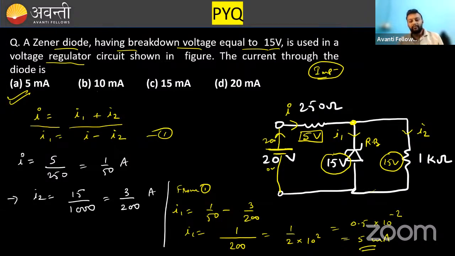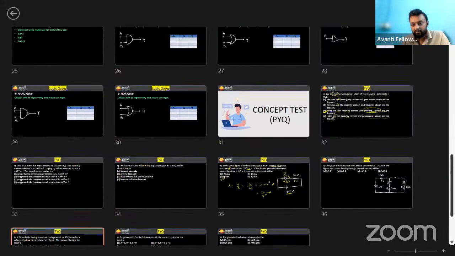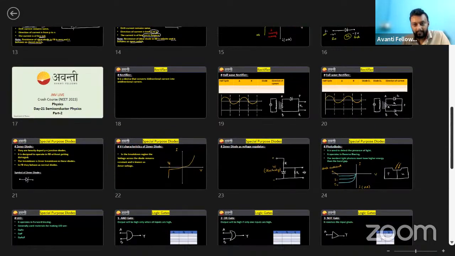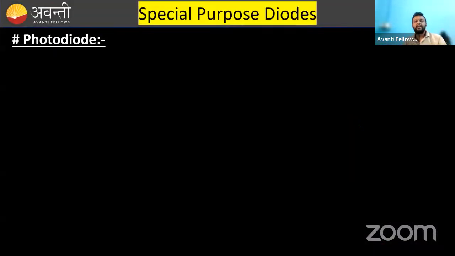Okay. Moving further. Now there are a few more special purpose diodes. Okay. So next is the photodiode.